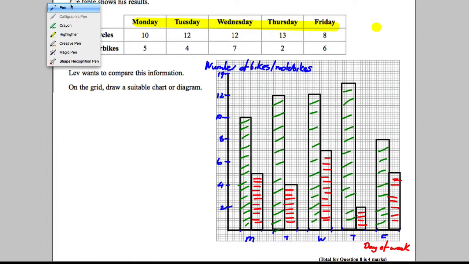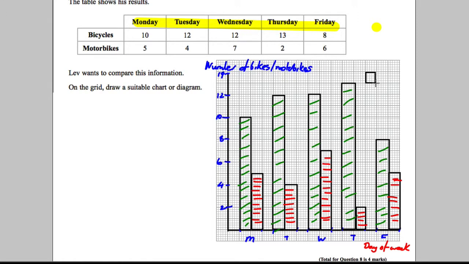And we must have a key as well in this picture. So up here we'd say that and that. That represents bicycles. And we'd say that this here represents motorbikes.